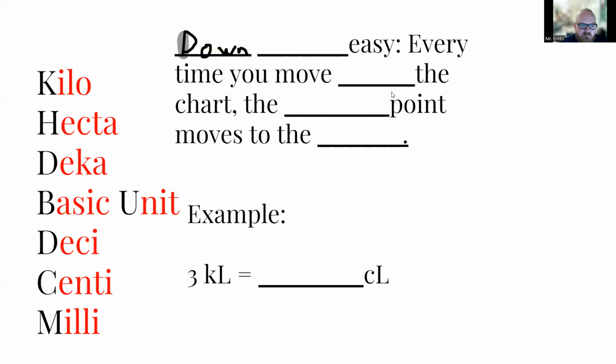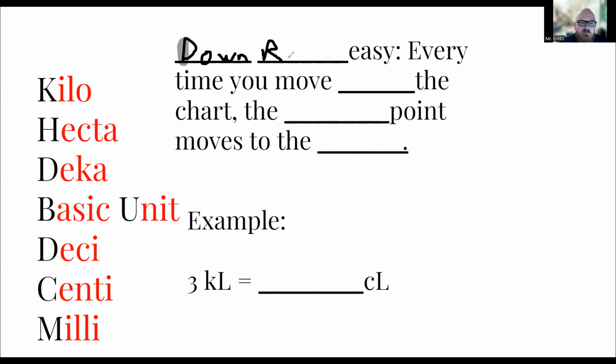Downright easy, basically, every time you move down on that chart, you're moving the decimal point to the right. So let me just fill this in here. Down, right, easy. Every time you move down, that's down, the D-O-W-N, down the chart, the decimal point moves to the right. Oops, a little messed up there. I'm trying to write with a mouse here.